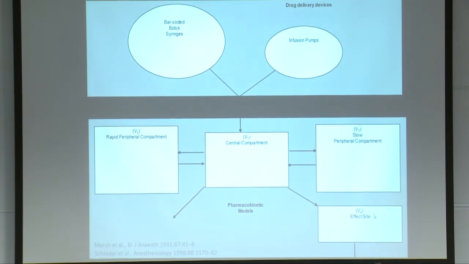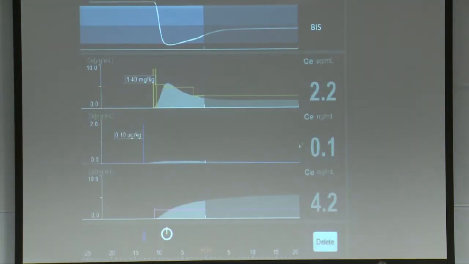That effect site concentration can then be plotted as we see in the Draeger Smart Pilot, where we have the propofol, remifentanil, and the neuromuscular drugs shown with the effect site concentrations plotted versus time, showing the rate of rise and fall, and then a prediction of future concentrations at the effect site for each of the 3 drugs.